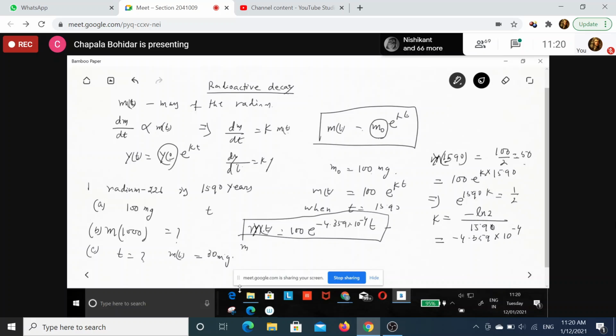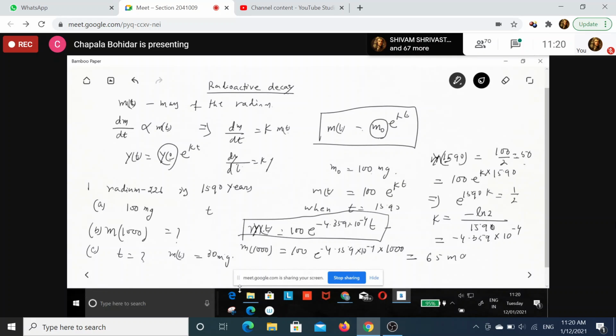So now M of 1000 is equal to 100 e to the power minus 4.359 into 10 to the power minus 4, then into 1000. Tell me the value. It is 64.65, so it is 65 milligram.